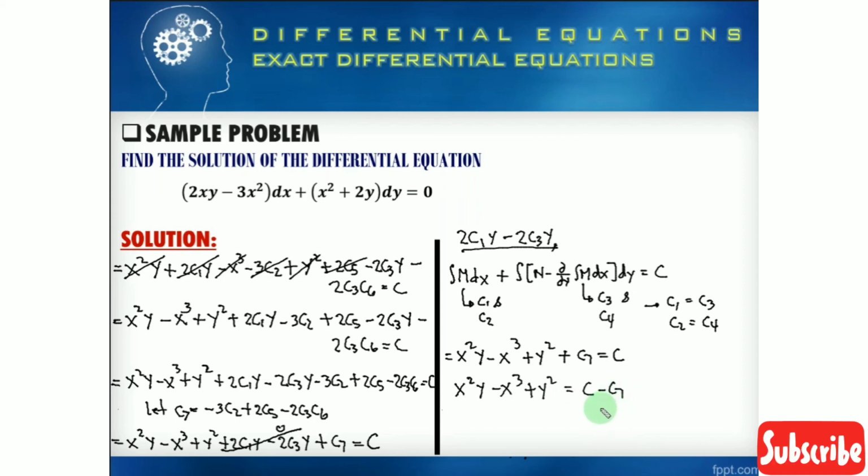And a constant minus a certain constant is just equal to a constant, so we will assign this c minus c7 equal now to our final c, okay. So we can say that x squared y minus x cubed plus y squared is equal now to a constant c, okay.